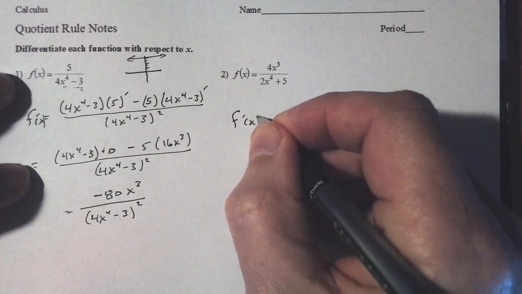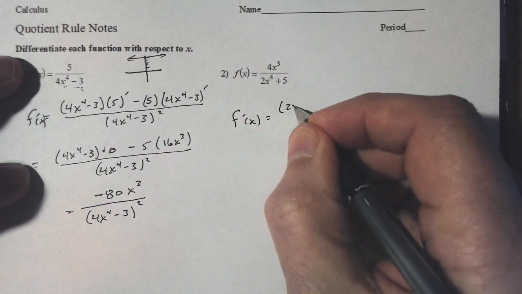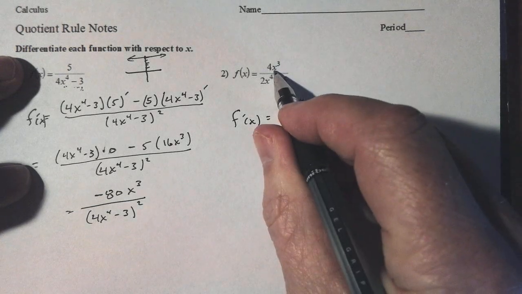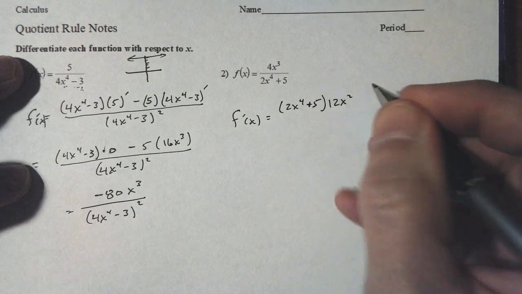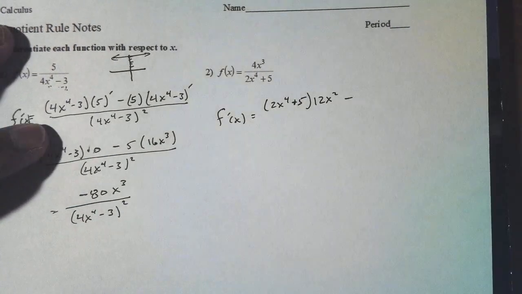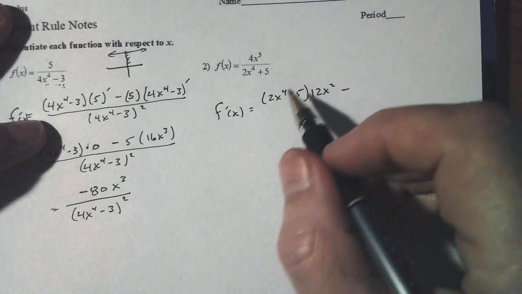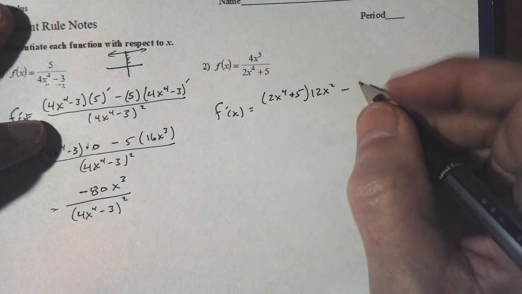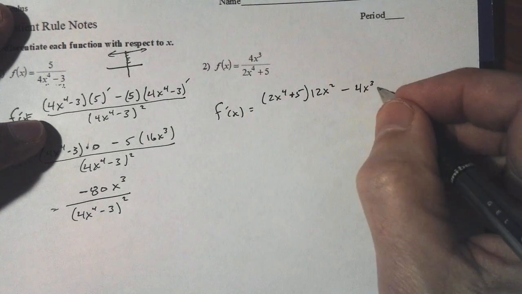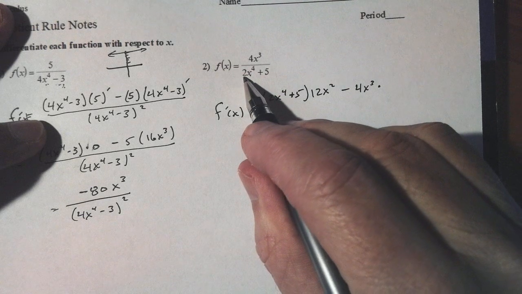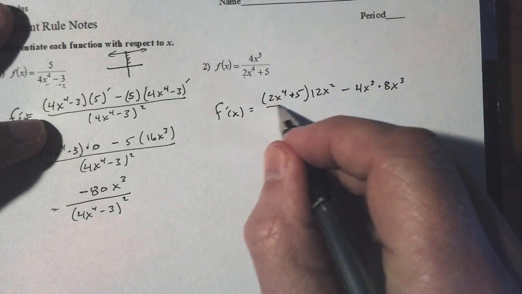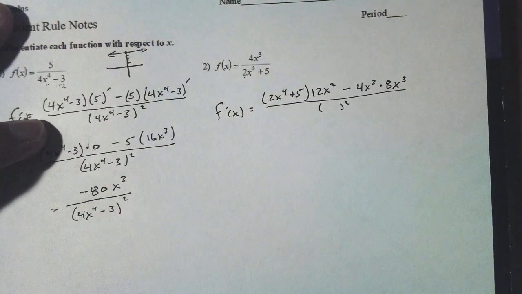F prime of x, the derivative, equals low d high, derivative of high, 12x squared, minus high, I don't know why I write so uphill, minus 5, minus high, low d high minus high, 4x cubed d low times 8x to the 3rd, all on the square of the thing below.